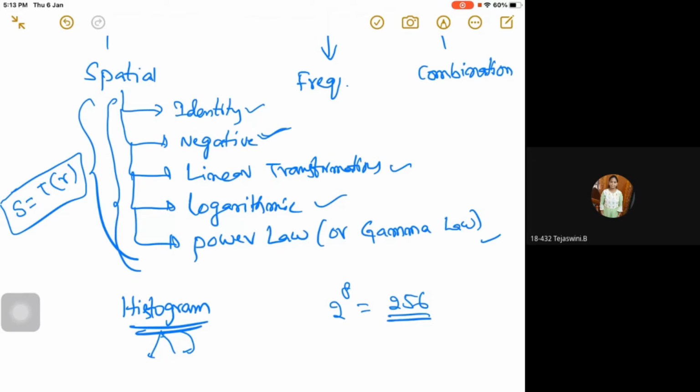So that is negative. We have seen it clearly, right? Then linear transformations, we can apply all linear techniques. Then logarithmic techniques, we can apply anti-log and natural logarithm, and then power laws, how much power you are assigning to gamma.